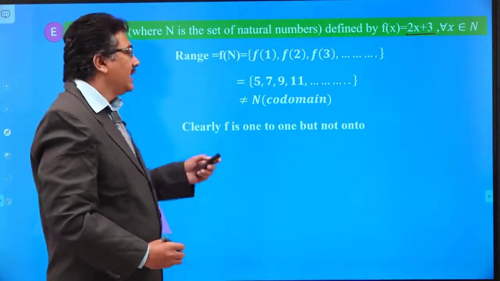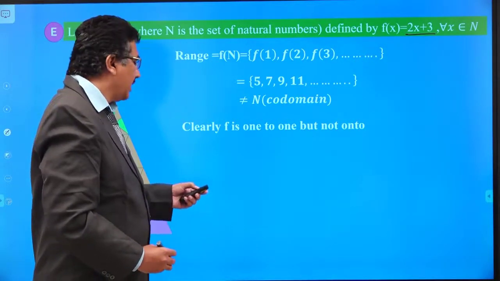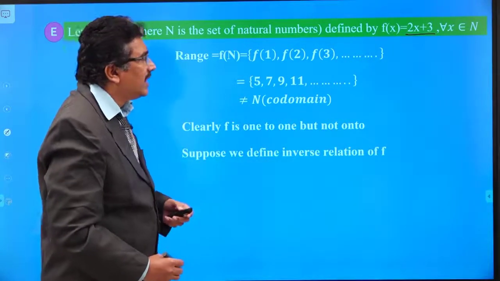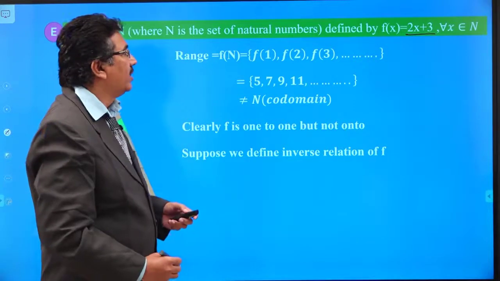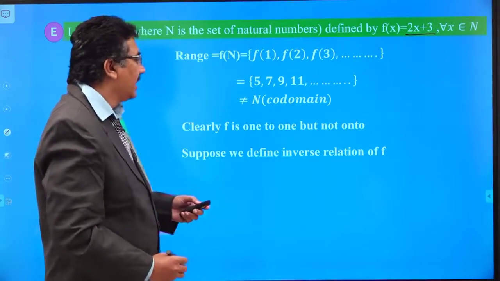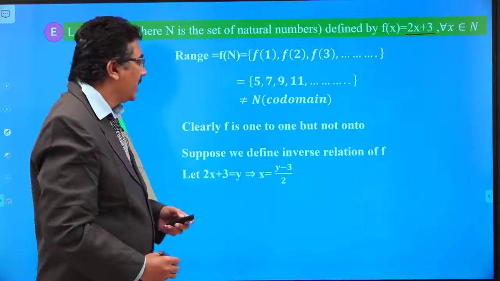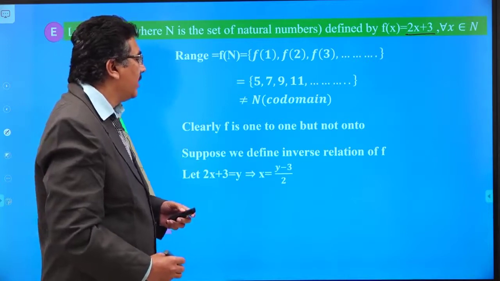In this situation, we define inverse relation of this function. Let f of x is equal to 2x plus 3 is equal to y. From this, we get x is equal to (y minus 3) by 2.